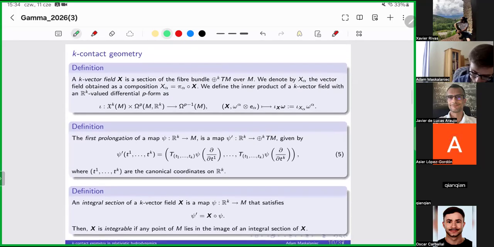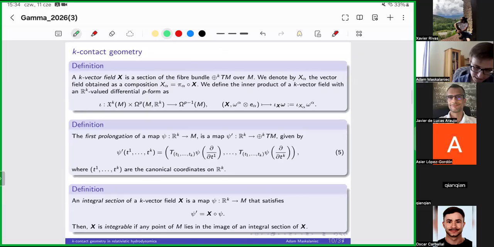And then we say that an integral section of a k-vector field is a map psi such that, in fact, this X composed with psi is the first prolongation of our field psi.